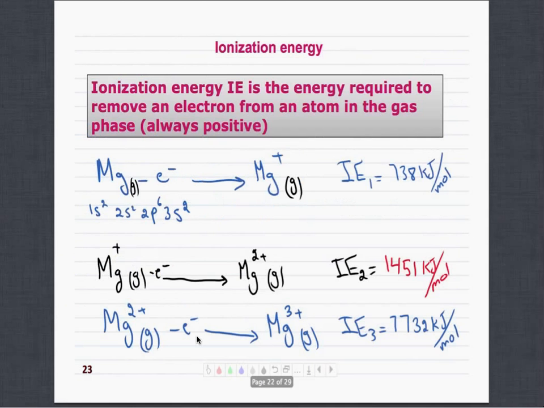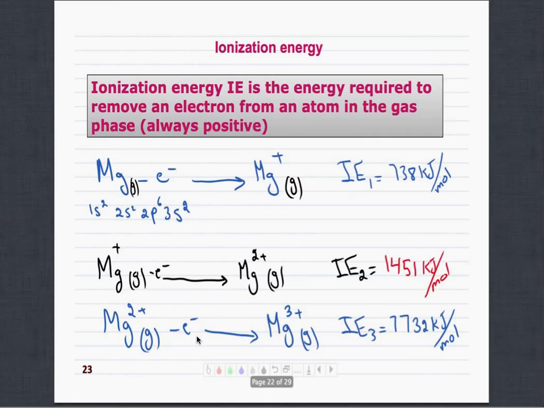So what is ionization energy? By definition, ionization energy is the energy required to remove an electron from an atom in the gas phase. And I'm going to highlight the gas phase, okay? Now, the ionization energy is always positive. When the energy is positive, what does that mean? Is it an endothermic or exothermic reaction?